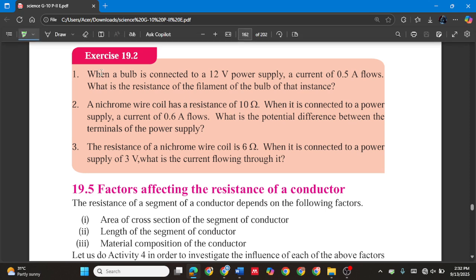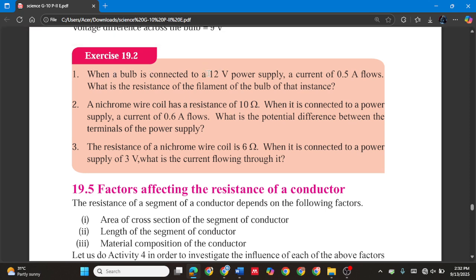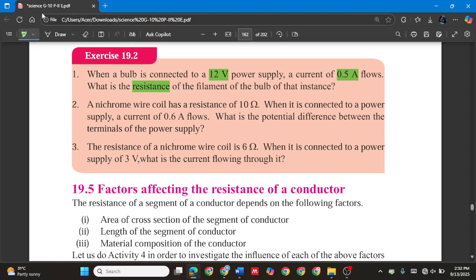Okay, so for the first one, when a bulb is connected to the 12-volt power supply, the current is 0.5. What is the resistance of the filament of the bulb at that instant?